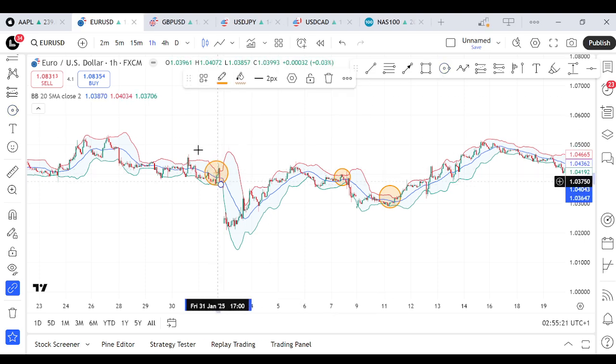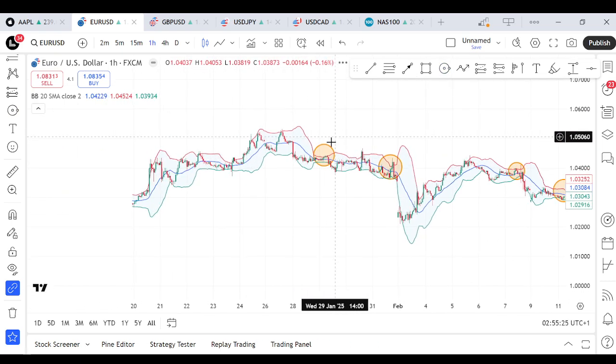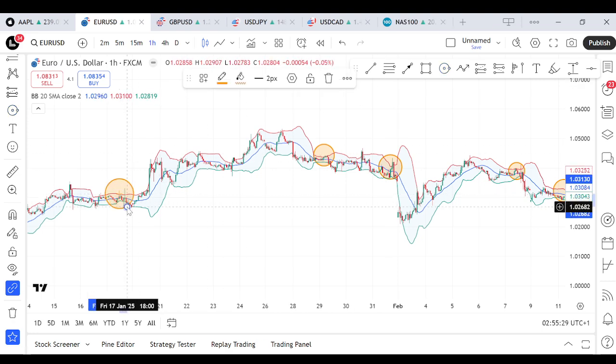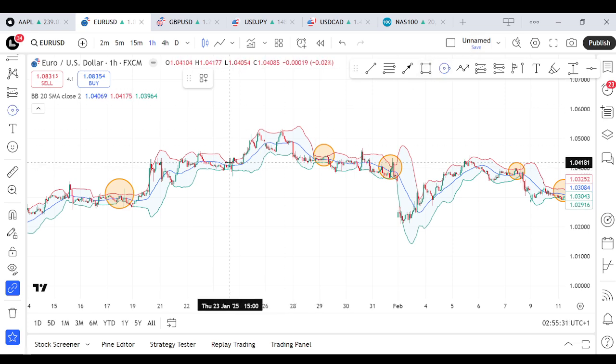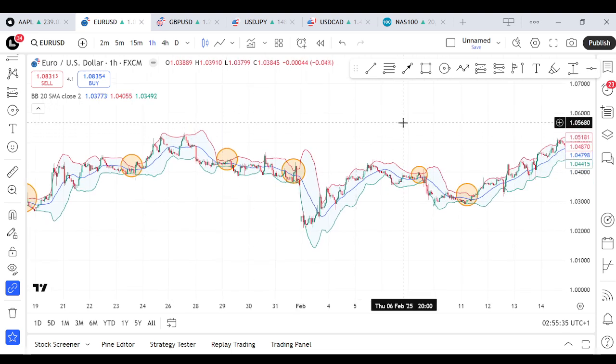This here is a squeeze, this right here is a squeeze, and I can go on and on, but I think you understand. This is a squeeze also, and these are areas of low volatility.